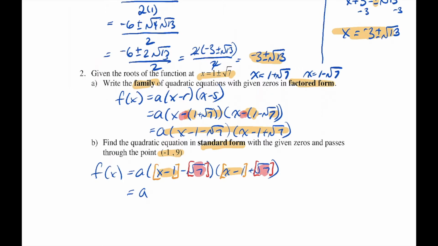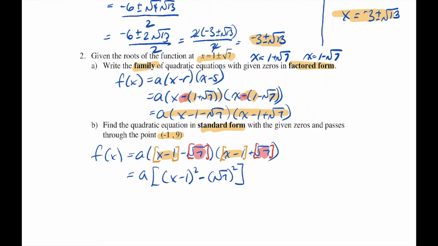And what we're going to get there is a difference of squares. In other words, x minus 1 as a group minus root 7, and then x minus 1 as a group plus root 7. That's going to come out to be a difference of squares. So here that's going to be x minus 1 quantity squared minus root 7 quantity squared. So doing that saves us expanding the trinomial by trinomial, saves us a lot of work.